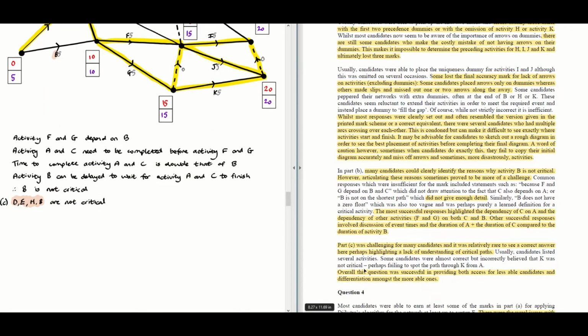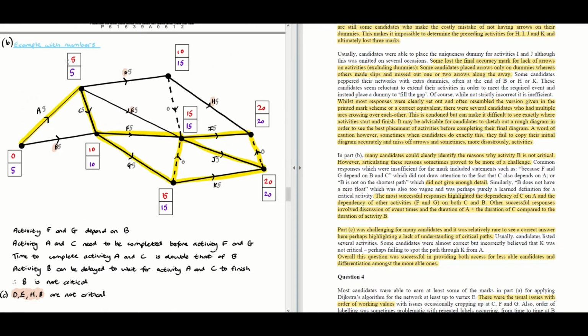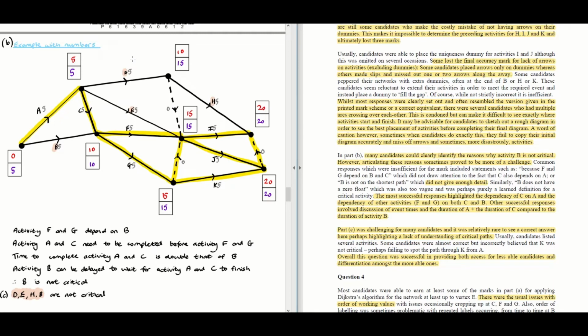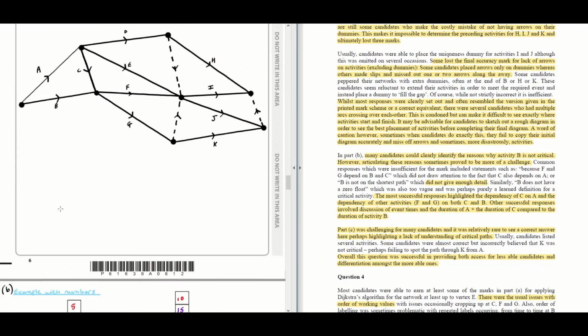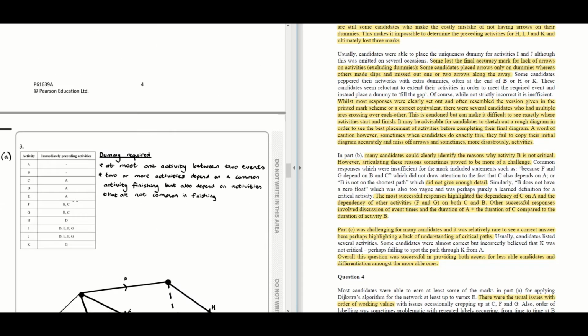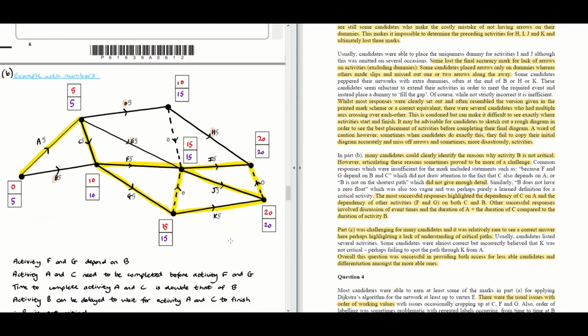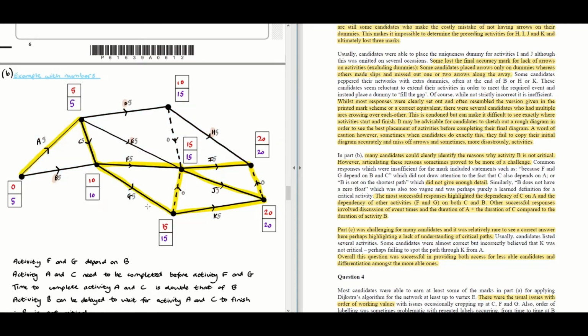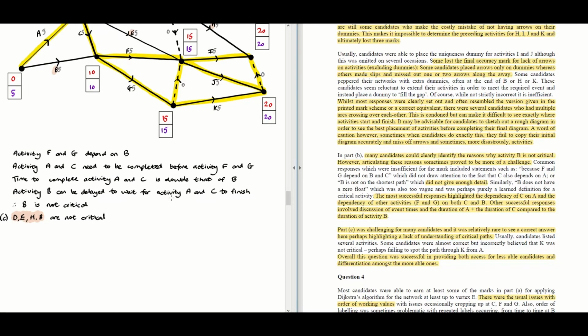And I think if you put everything in terms of numbers, that makes it a bit easier to figure out what's going on. And then for part C, it was quite rare to see a correct answer, and that's probably because a lot of candidates did not realise the definition of a critical path. If you put everything in numbers, you can see clearly which activity is not critical. And remember, it's only worth 1 mark, so the only reason I showed all this was because it's quite difficult to spot which activities are critical and which are not without a diagram.